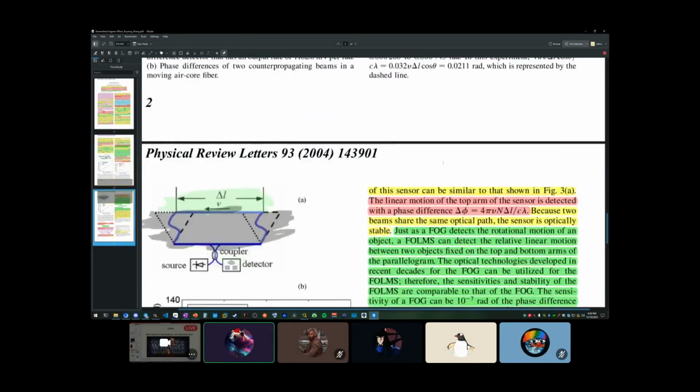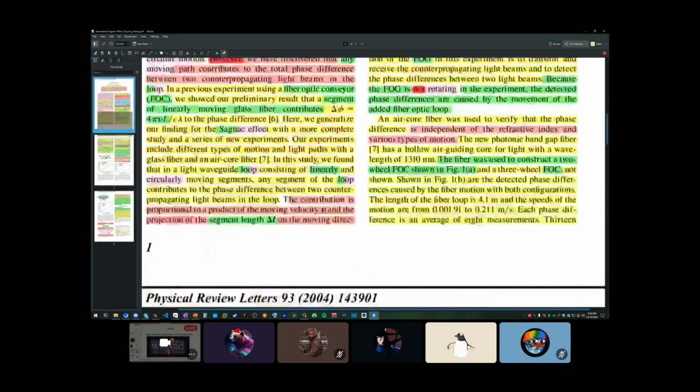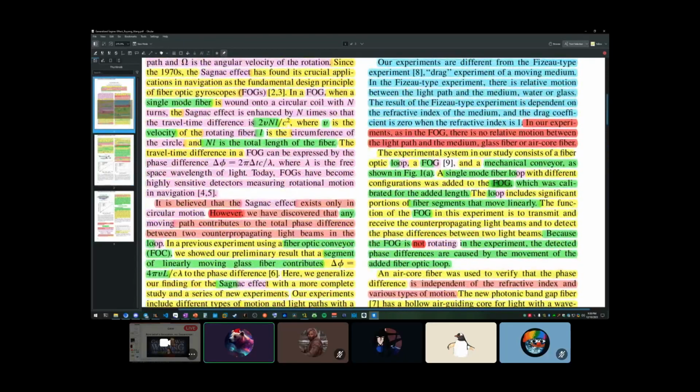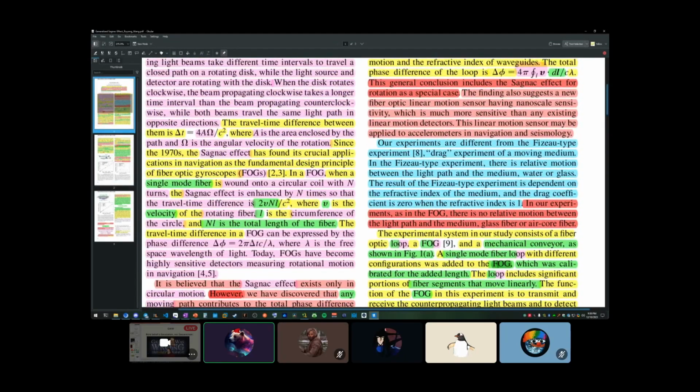So where were we at, boys? I think we were at Fizeau. Yeah, right around here. So our experiments are different from the Fizeau type experiments. Quote, drag experiment of a moving medium. In the Fizeau type experiment, there is relative motion between the path of light and the medium or glass.